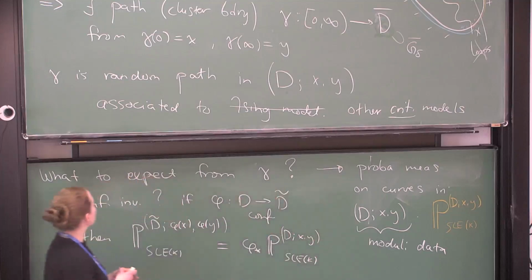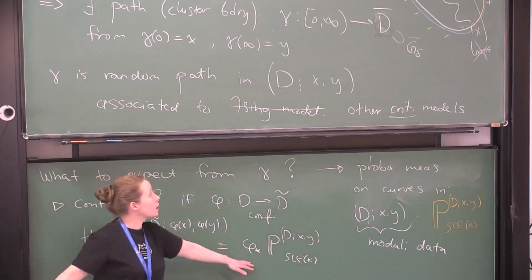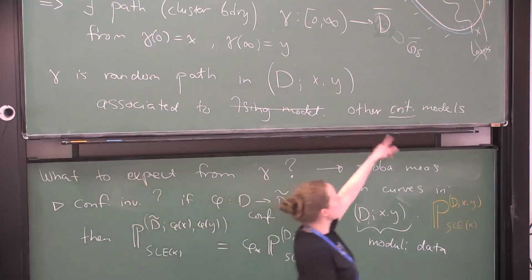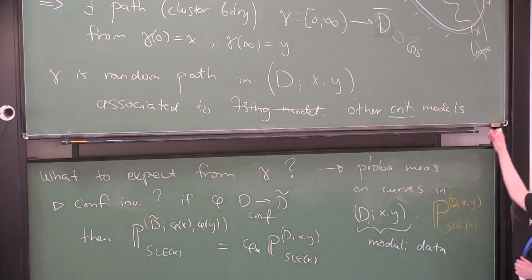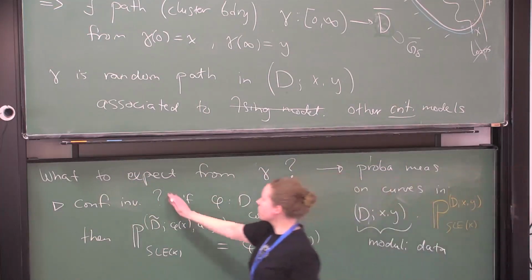And now if you're not mathematically minded, you don't have to worry about all this notation. It just means that if I'm sending my thing to some other place, the law of this random object just gets transformed in a very natural way. So here's conformal invariance, probably.